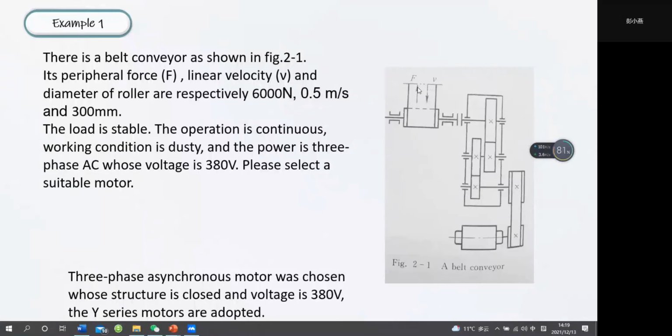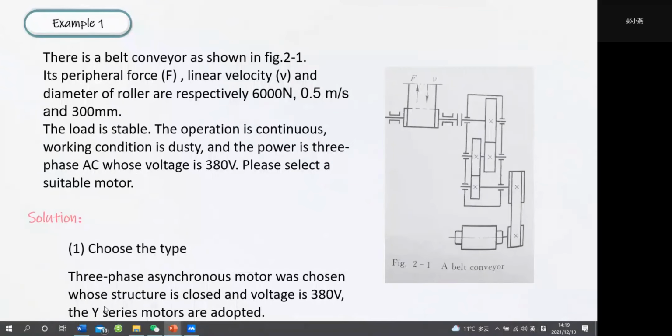So we know the force, the V, and the diameter of the working part. The load is stable, and the operation is continuous. The working condition is dusty, and the power is 3-phase AC, whose voltage is 380 volts. Then please select a suitable motor and choose the type.